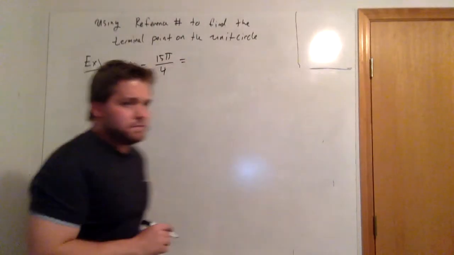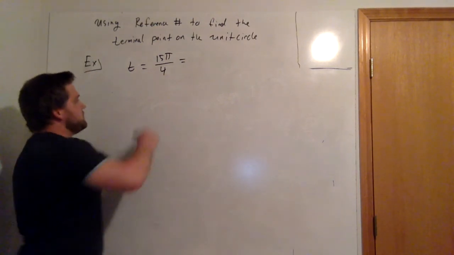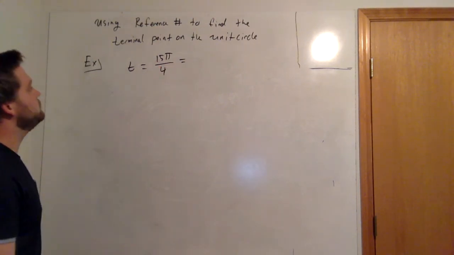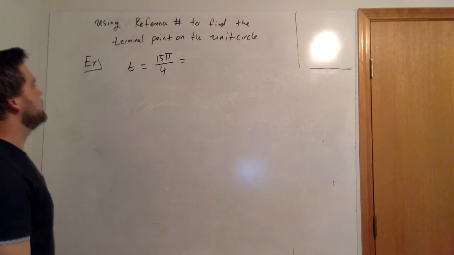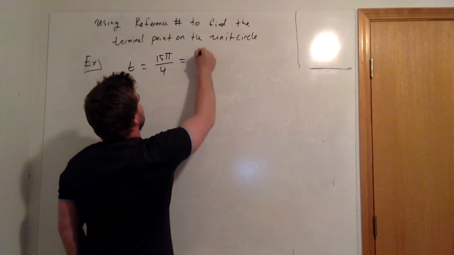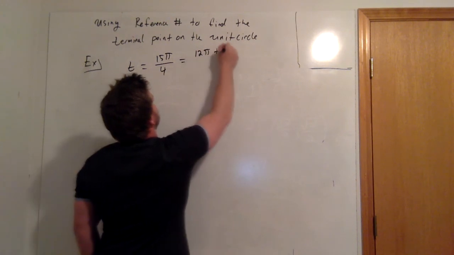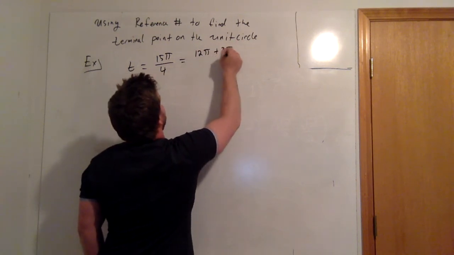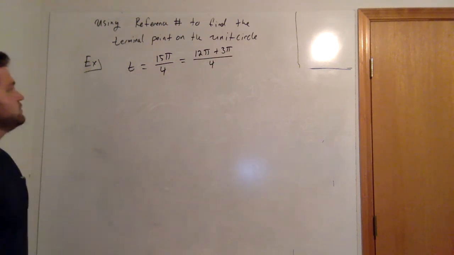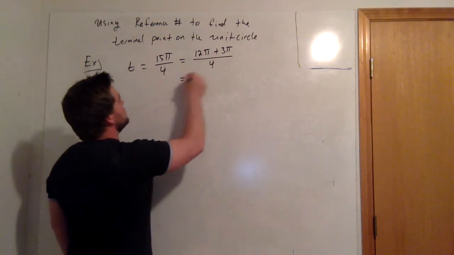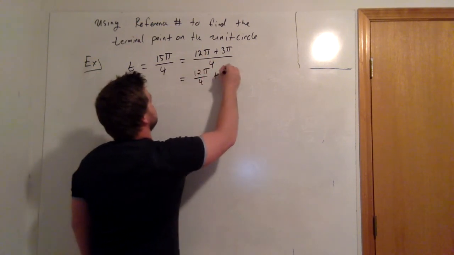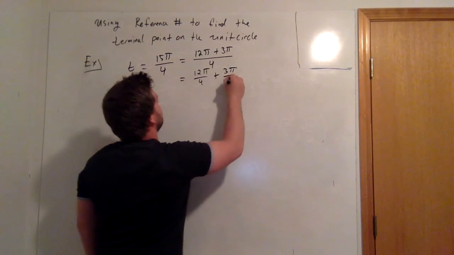Okay. So what I'm going to do here is think about how many times 4 goes into 15. So 4 can go into 15, let's see, 3 times. 3 times 4 is 12. So how about I break this up as 12 pi plus 3 pi, all over 4. If I distribute the 4 here, I'll have 12 pi over 4 plus 3 pi over 4.